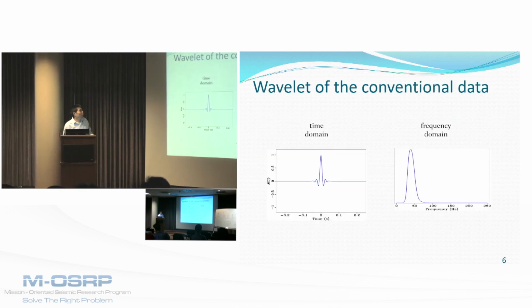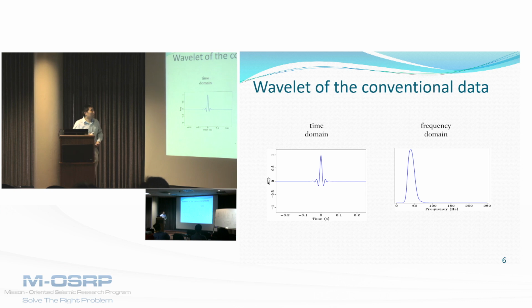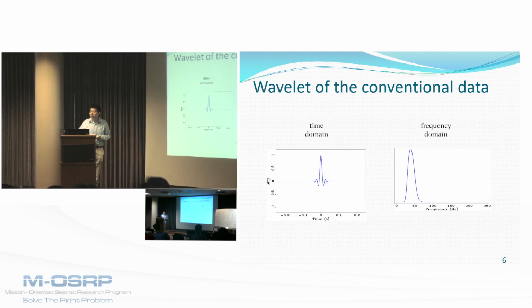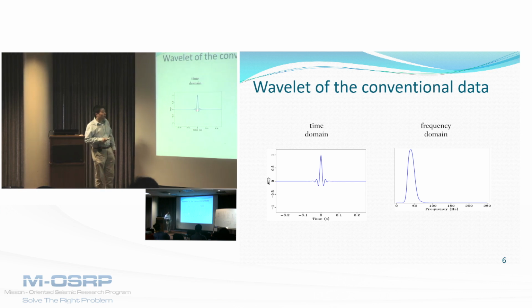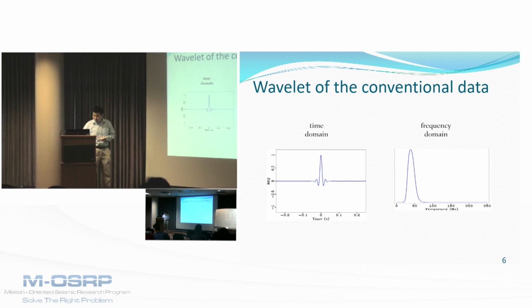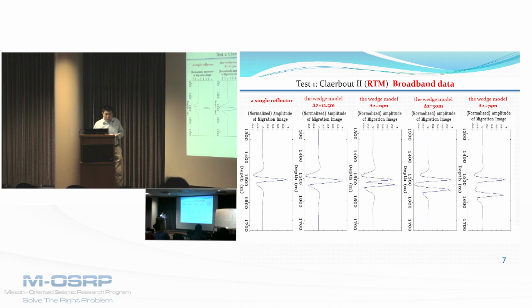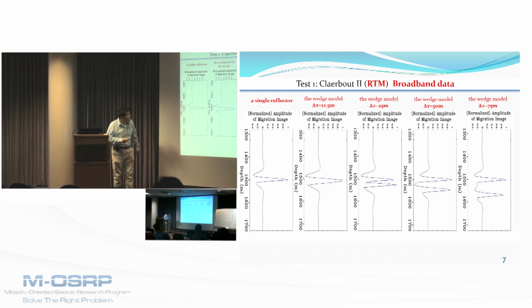Here is the data we used. First we use the conventional data, as in Professor Weglein's one reflector example, in the time domain and frequency domain. And here is the Wedge model result for C2.